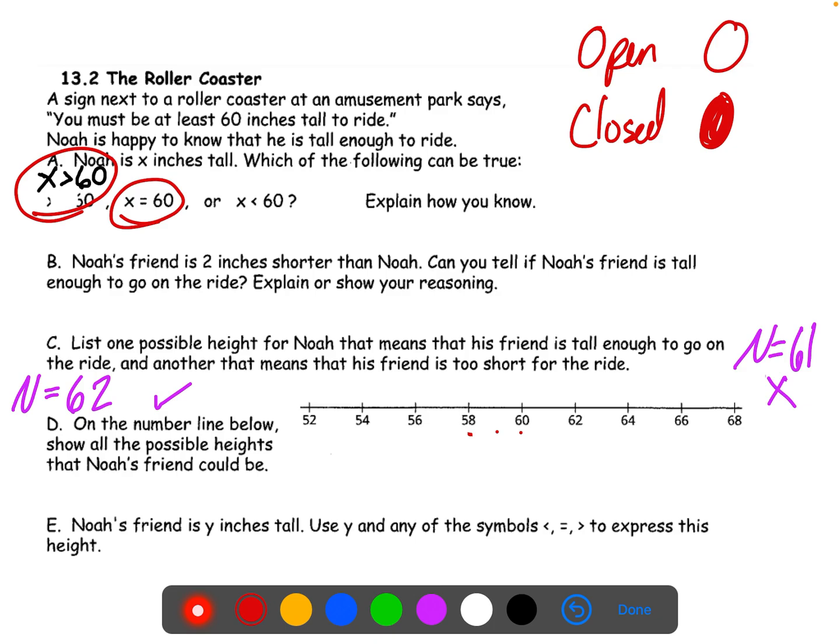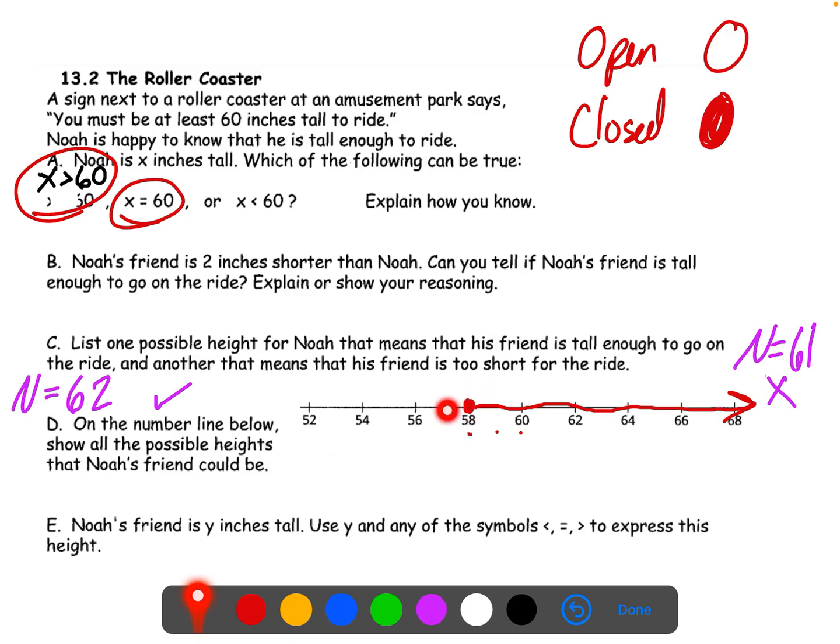If we were to put a closed circle here at 58, we're saying that we are including this as an answer to what Noah's friend's height could be. And we did say Noah's friend could be 58 inches tall. So we're going to put a circle there that includes 58 and then an arrow including all heights greater than that for Noah's friend. We do want to include 58.